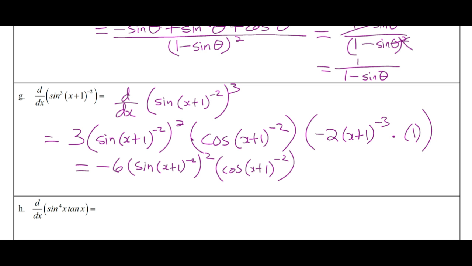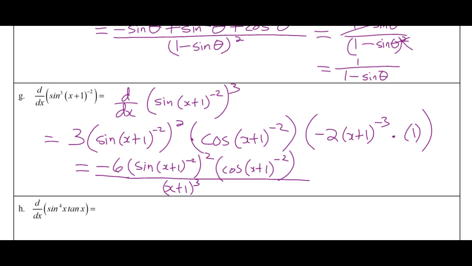I've already dealt with the negative 2, and I've just got this x plus 1 cubed stuck down on the bottom, because it's an x plus 1 to the negative 3. So the constant is negative 6, we get 3 times negative 2. Then we've got the expression sine of x plus 1 to the negative 2, squared, and then the expression cos of x plus 1 to the negative 2, over x plus 1 cubed.